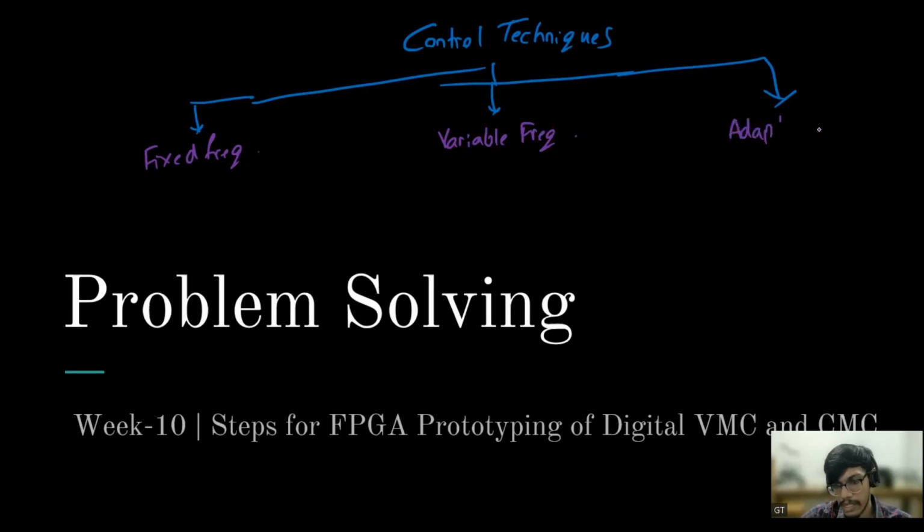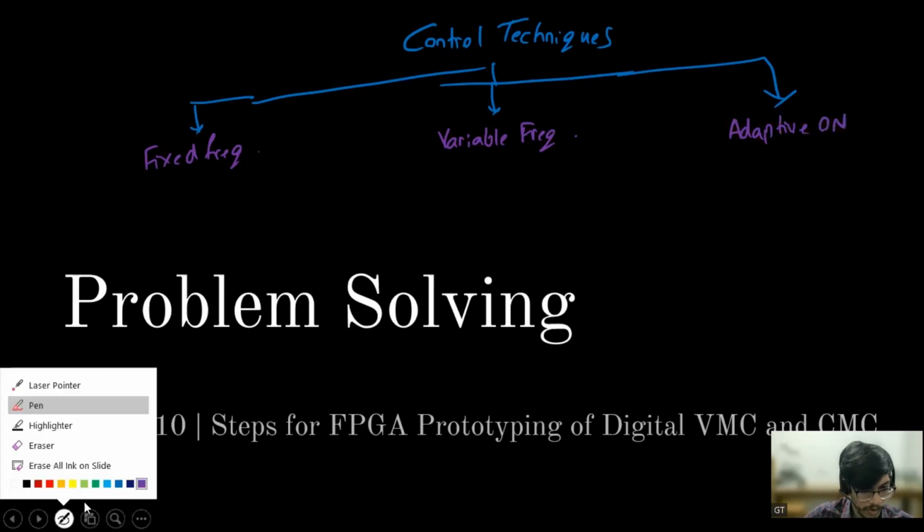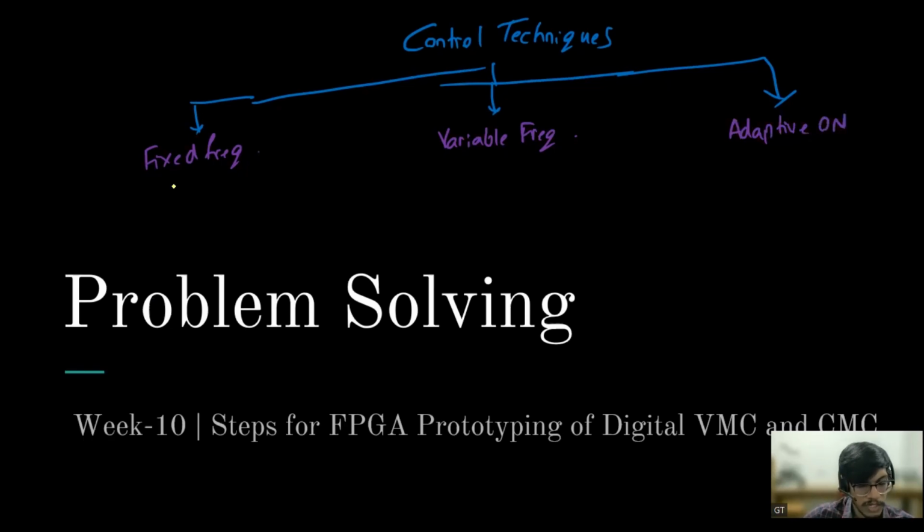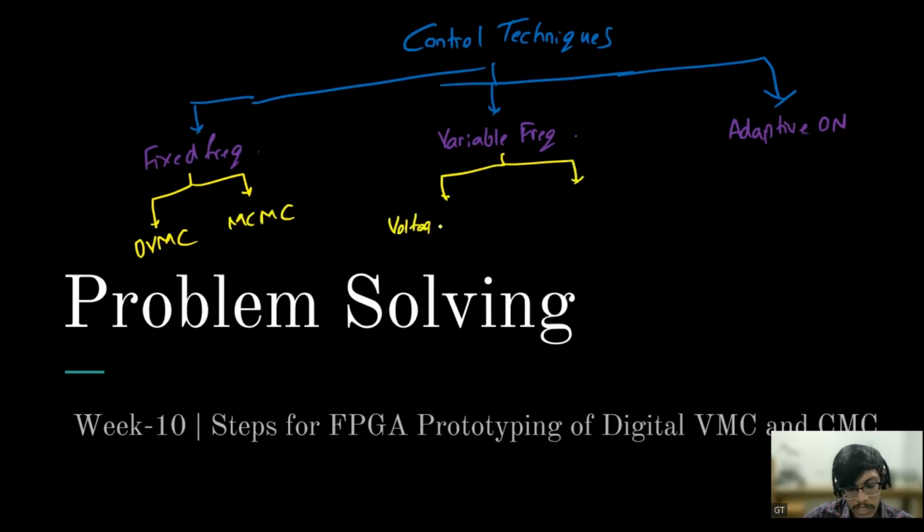That's why I'm separating it out. Now, coming back to fixed frequency, we have seen two architectures. One is the digital voltage mode control, and the other one is the mixed signal current mode control. In variable frequency, again we have discussed two things. One is the voltage based constant on time, and the other one is the current based, or current mode control.